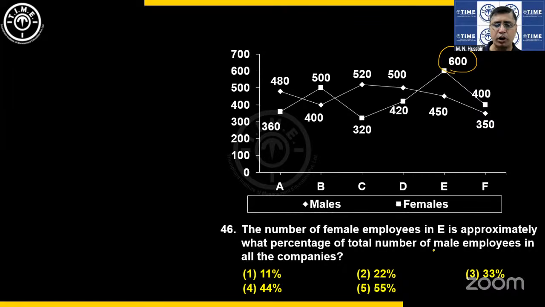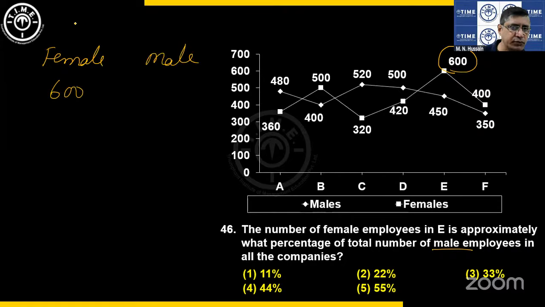What percentage of the total male employees in all the companies? So female employees, that is 600, of the company E. Now the male employees in all the companies: 480, 400, 520, 500, 450, and 350.